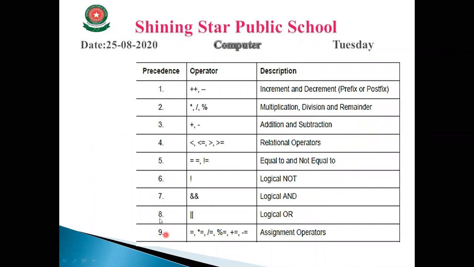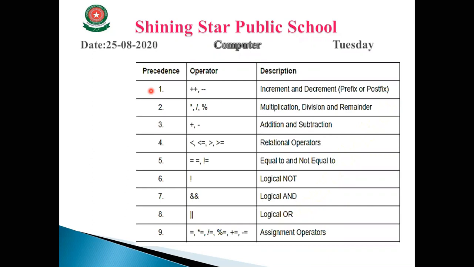Priorities 1 to 9. Okay, number 1. In our expression, we have the operators plus plus and minus minus, meaning increment and decrement. So we have to solve increment and decrement first. That is our first priority.